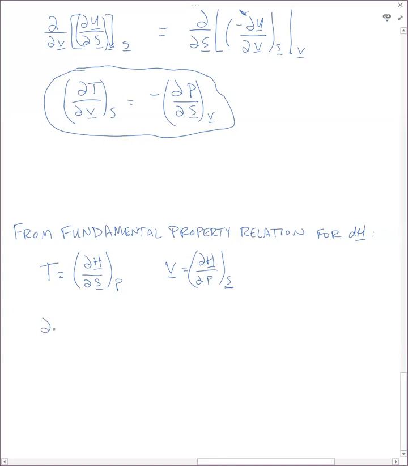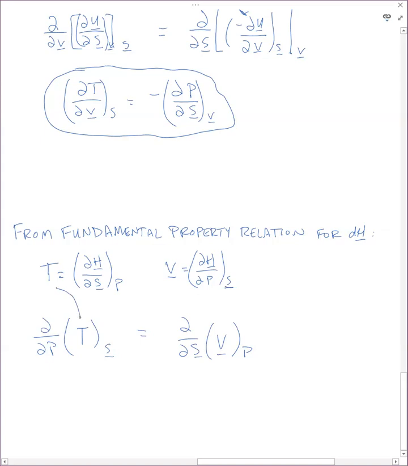All right, so this tells us that H is the dependent variable, S and P are the independent variables. So I can take dT with respect to the other variable. So I'm going to take the variable I'm keeping constant, take the derivative of that variable with respect to the other, keeping the variable that I was taking as the respect to on the outside, is equal to d/dS of V at constant P. All right, so just written a little bit neater.